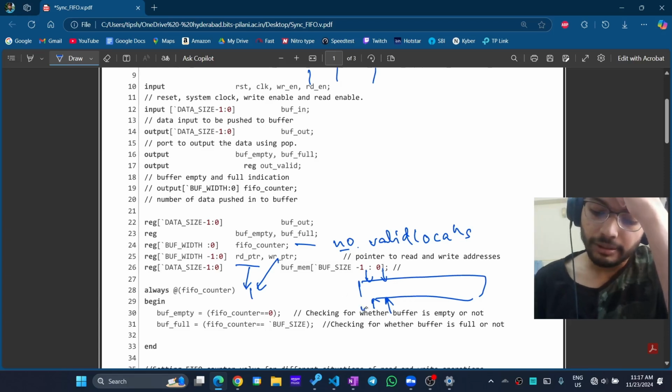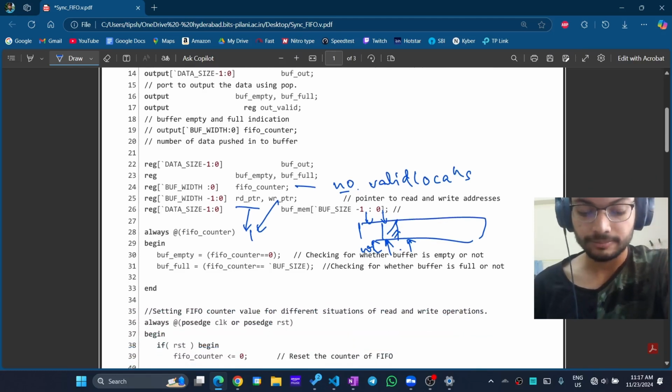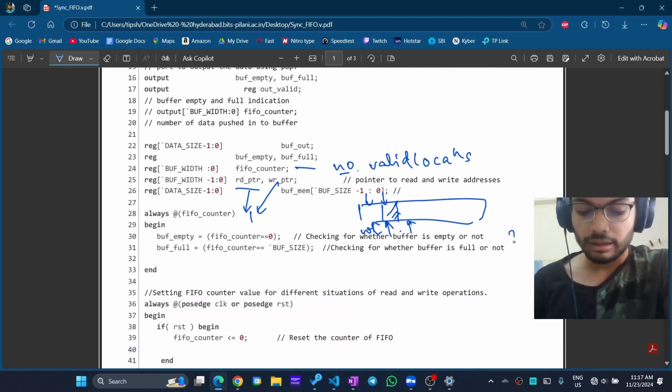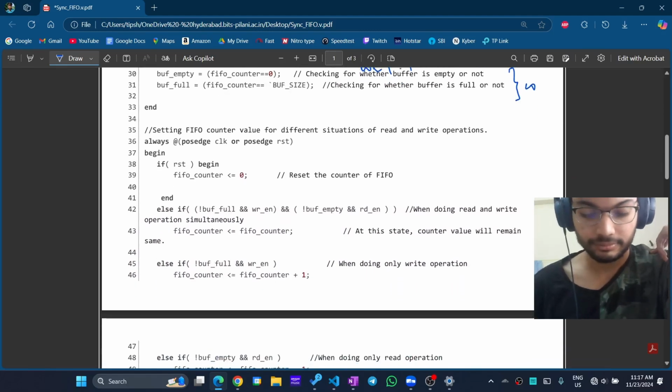Whenever the write pointer is being incremented, it is filling the buffer locations with buff in. Similarly, the read pointer pops out the data value whenever it is being incremented, and it outputs to the buff out. And buff empty and buff full are assigned using this combinational statement: FIFO counter is 0, and equal to buff size.